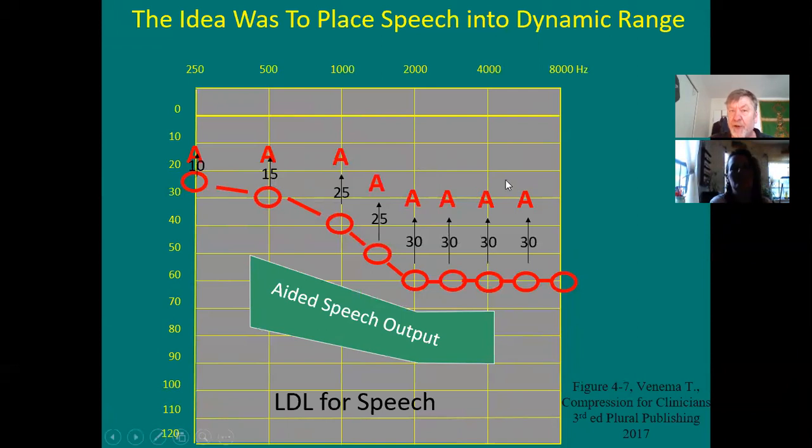The A at 4,000 would be the same, but I know Berger liked where my cursor is right here. And if it was a Libby fitting, then the A's would be only a third above the thresholds, as you can see. So functional gain was the old method, and it was behavioral.